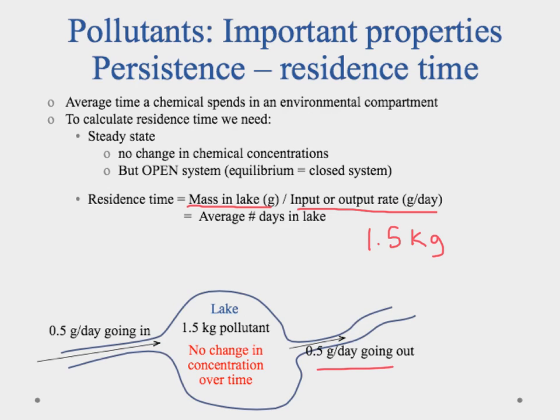But since the inputs and outputs are in grams, we'll just convert that into grams. So you have 1,500 grams. We'll divide that by the input rate, 0.5 grams per day, and you end up with an average residence time of 3,000 days. My handwriting has looked better, but hopefully you get the point.